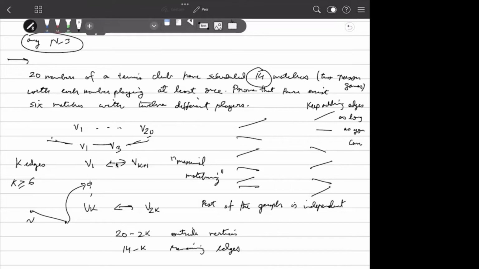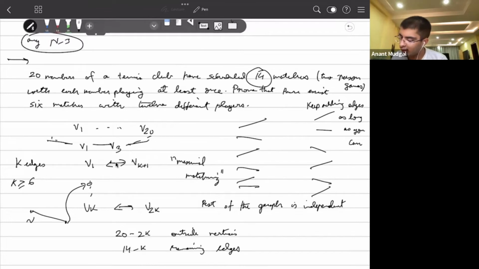Does that make sense? You have 20 minus 2k plus k, which is greater than or equal to 15.